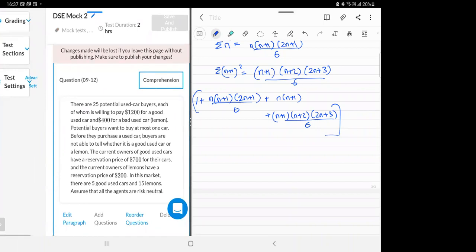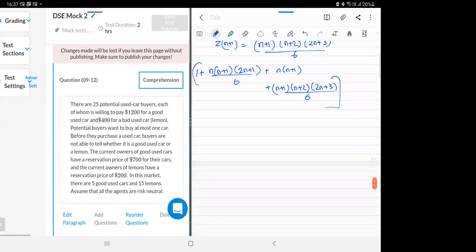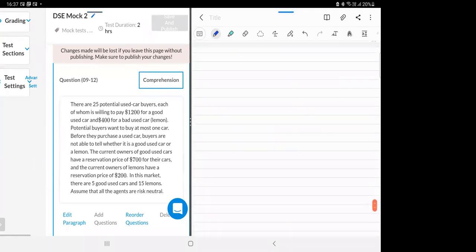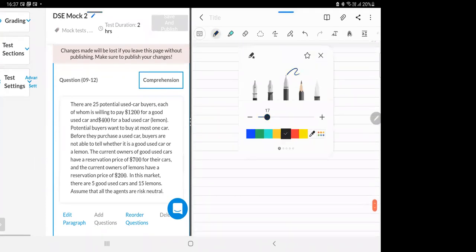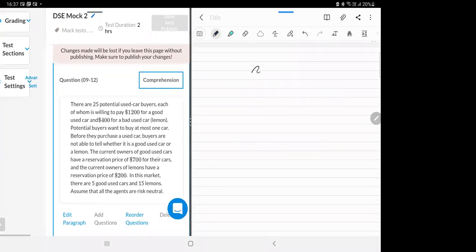There are 25 potential used car buyers, each of whom is willing to pay $1,200 for a good car and $400 for a bad used car. So you have two types of cars in this market: the good car and the bad car. For the good car the buyers are willing to pay $1,200, but for the bad car they are only willing to pay $400.